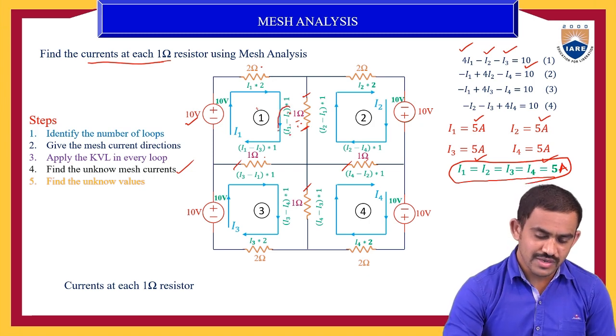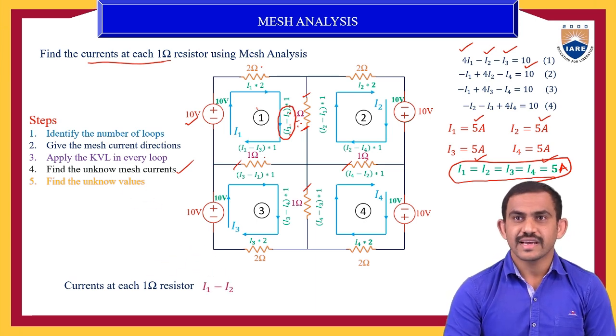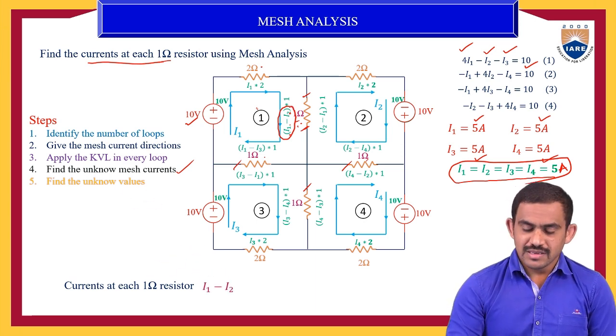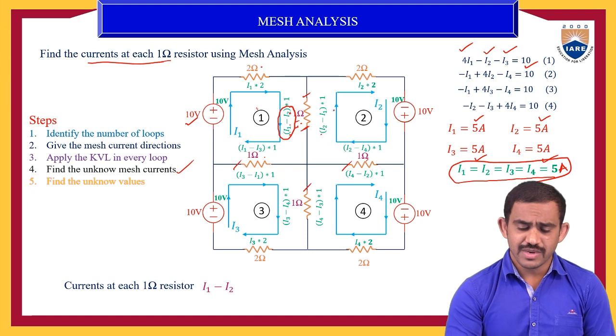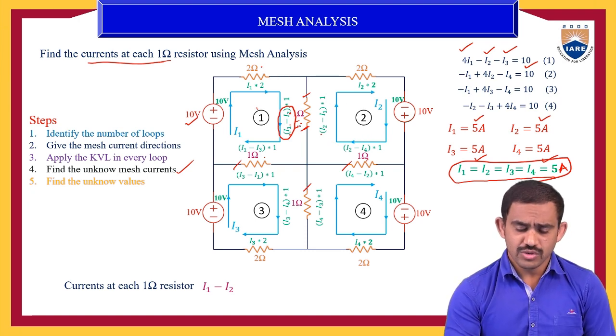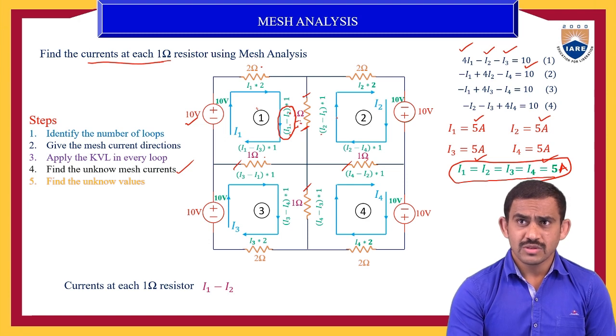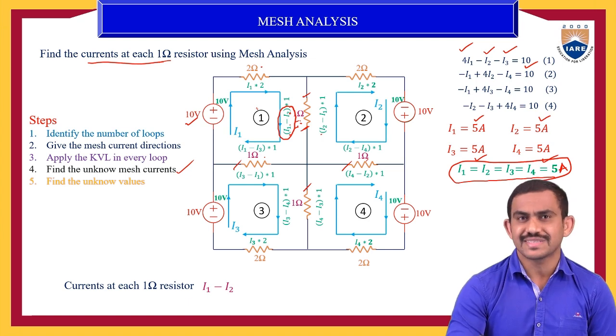When you are following loop 1, that is I1 minus I2, then you will get the 1 ohm resistor current. You can write I2 minus I1 also, same value, no worries, but direction is reverse. If you are using loop 2 for this 1 ohm, that is I2 minus I1. No problem, you can use I2 minus I1 also, but reverse direction is reverse direction.